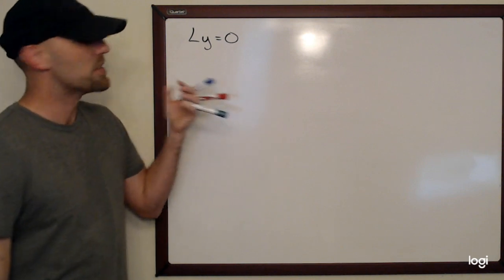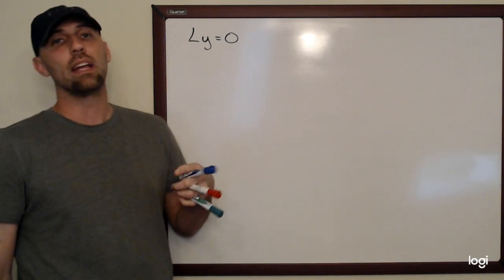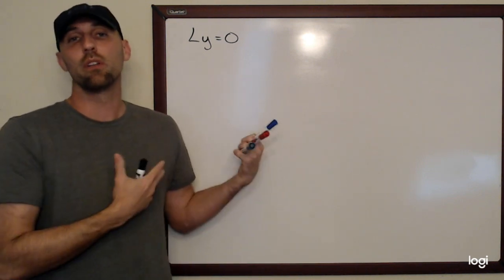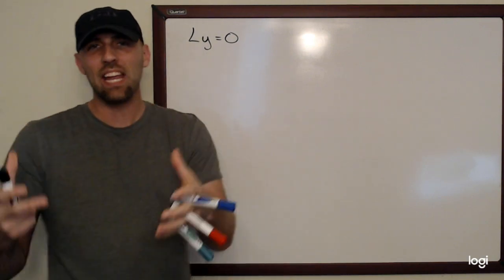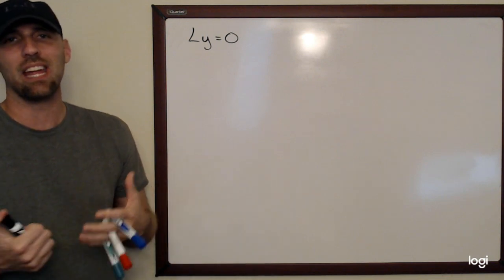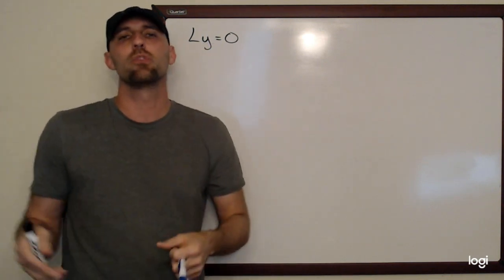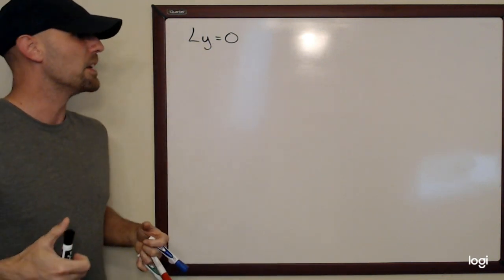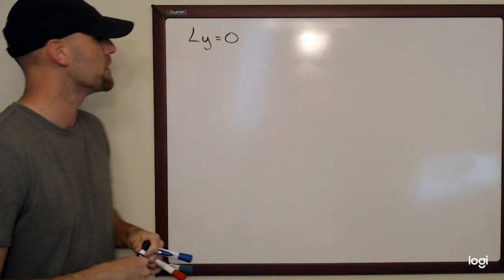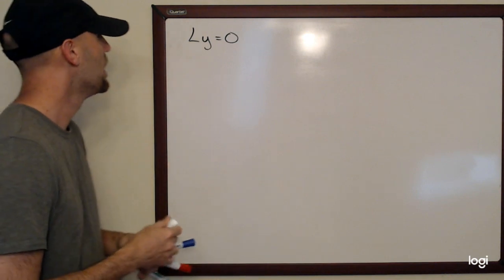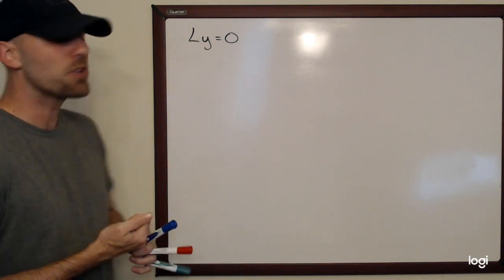What we were really looking for is the kernel of this operator. This operator maps C^n to C^(n-k), some collection of functions which have continuous derivatives to another collection of functions that have fewer continuous derivatives, and I was looking for the kernel of those.